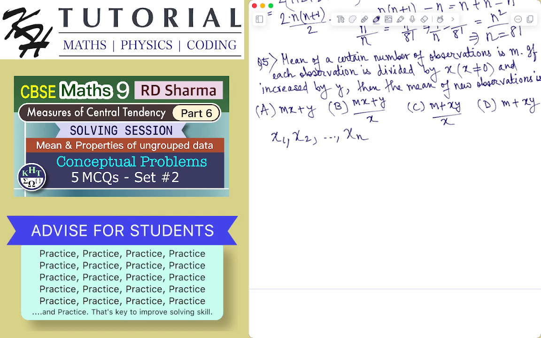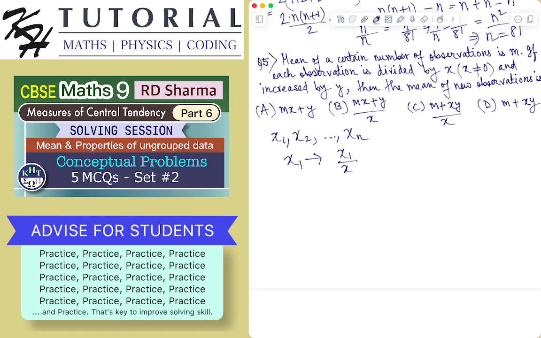So we know that, let's see how the observations are being changed. First each observation is divided by x. So x1 divided by x, and then it is increased by y.